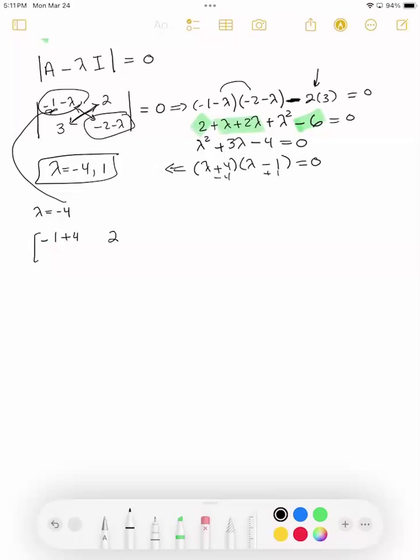And then you have your 2, and then you have a 3. And again, you put -4 here. You have -2, negative -4 makes that -2 plus 4, which is +2 here. If you're doing this correctly, I have -1 plus 4, that's also +3. What you should get is that these numbers are 3, 2.